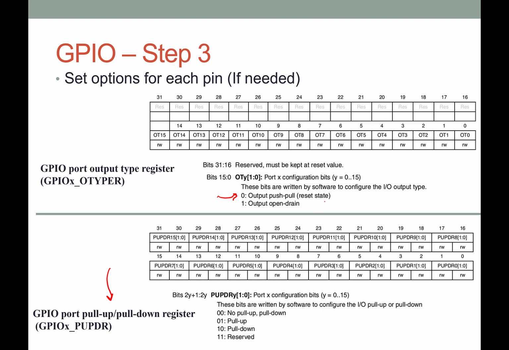So we're likely going to use push-pull for the output style. And then the other thing is we have no pull-up/pull-down, pull-up, or pull-down for the pull-up/pull-down register. Notice that this one is 2 bits for each pin. So if you were doing port A pin 0, you have to set bit 0 and bit 1 within that pull-up/pull-down register.